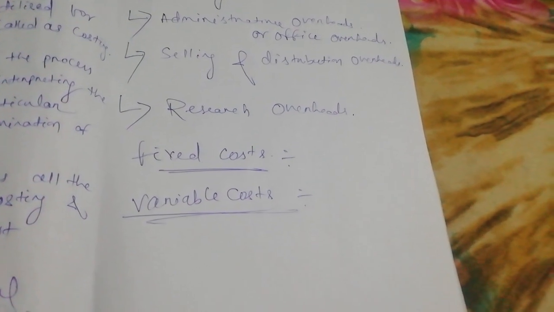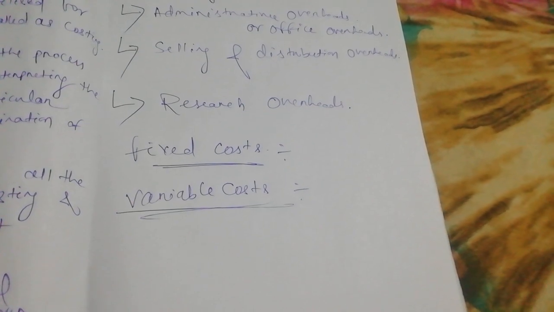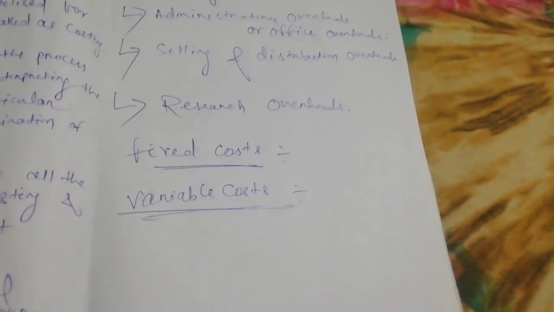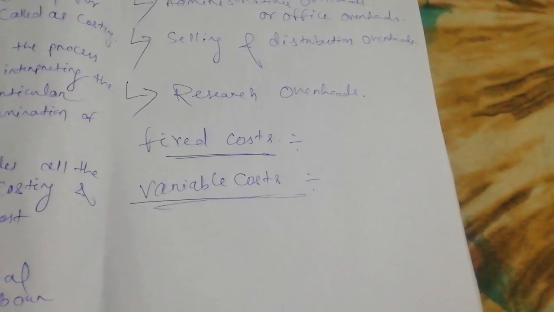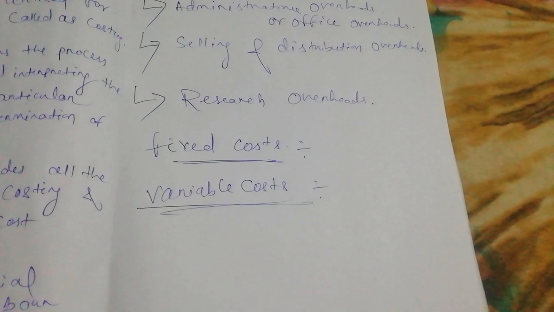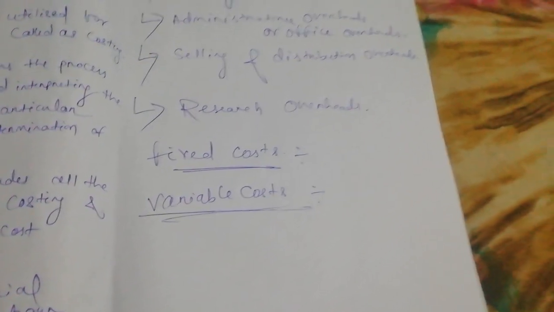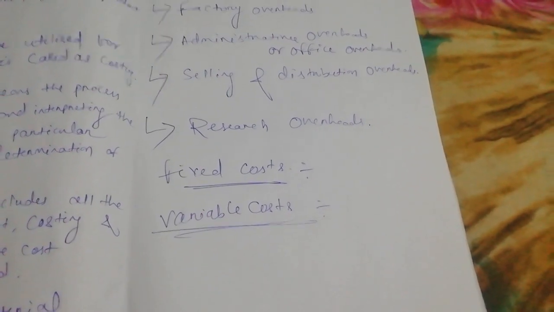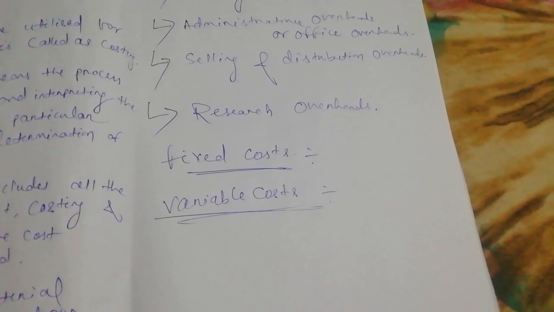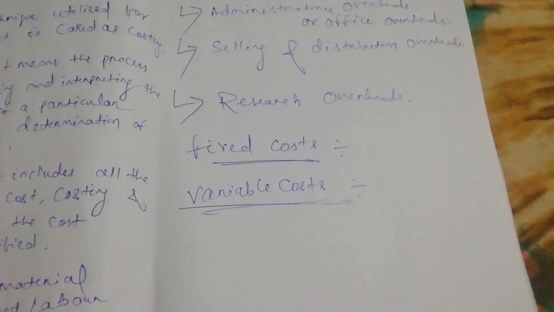Understood my point? If production improves, then the variable cost will definitely improve. So it is called variable cost. Examples of variable cost are material cost and labor cost.